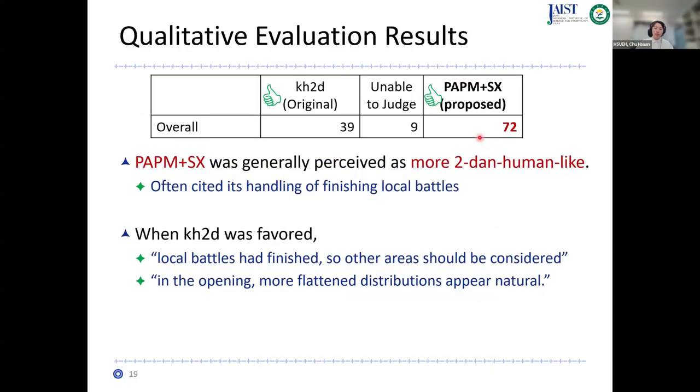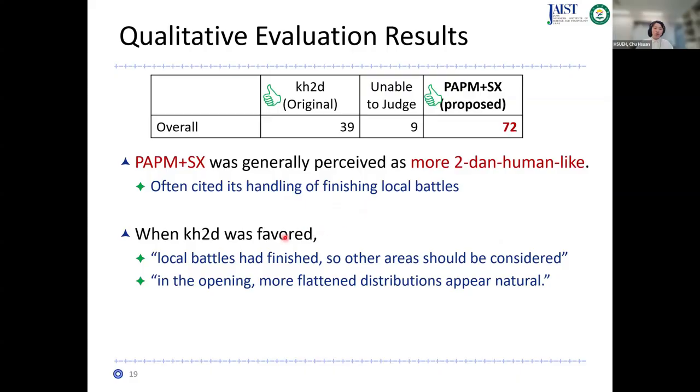And here is an overview of the results. Among the 120 votes, our methods received 72. So we conclude that our method was generally perceived as more human-like. And in most comments, they said that handling the local battle looks more natural.